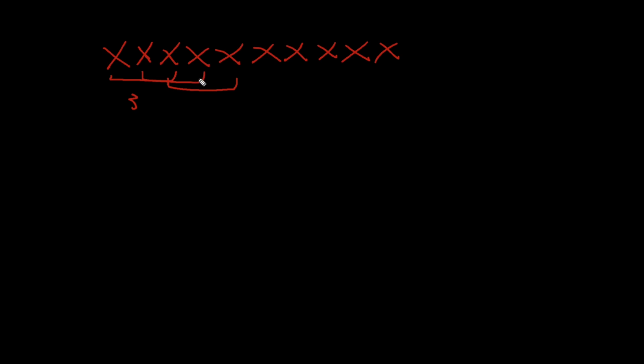Later on, when the current string already exists in the hash set, we know we found a duplicate string with this length 3.